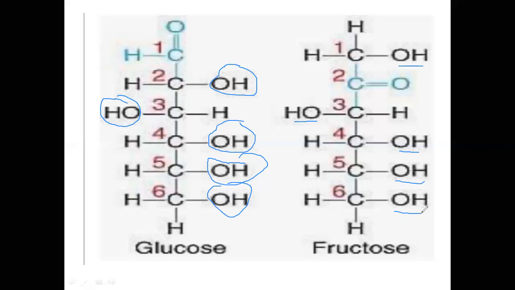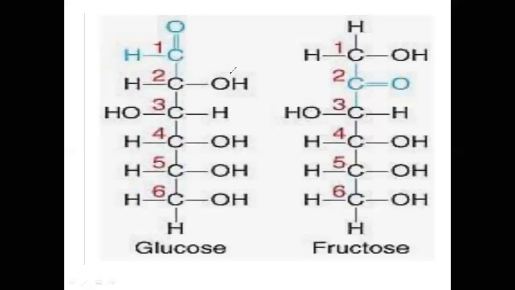Now, what is the other difference between glucose and fructose? The main difference is how to draw the structure of glucose and fructose. First of all, you have to make a 6-carbon chain: 1, 2, 3, 4, 5, 6 for glucose, and 1, 2, 3, 4, 5, 6 for fructose.